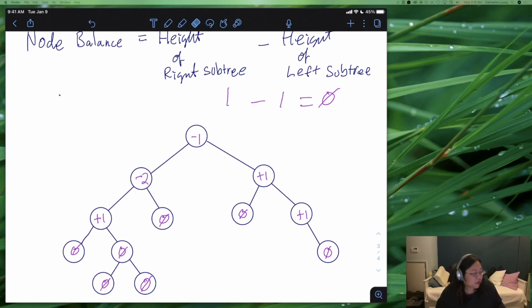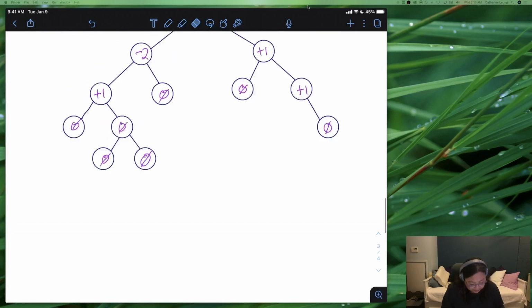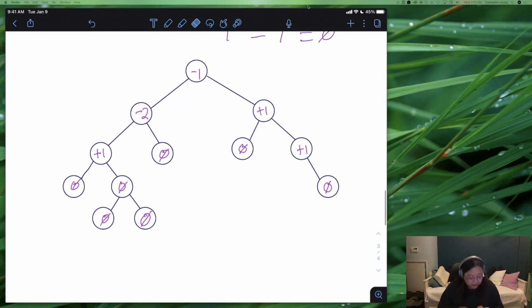So what do we actually know? What can we tell about a tree based on a node's balance? Well, the first thing is the following. Take a look at all the nodes that are positive here. These ones are positive, right? Now, if you take a look at those nodes, ask yourself which side is taller in each case. So if we look at this one, the right-hand side is taller. And if you take a look at each of those nodes, the right subtree is the taller tree.